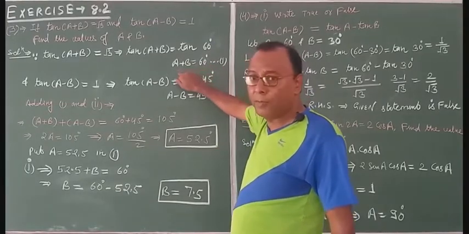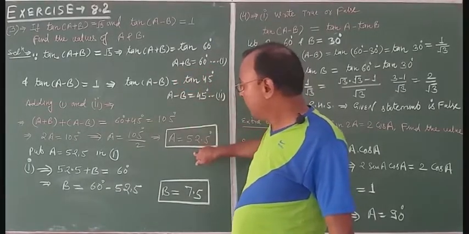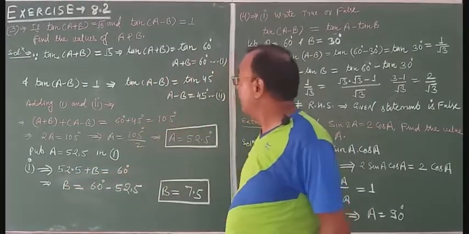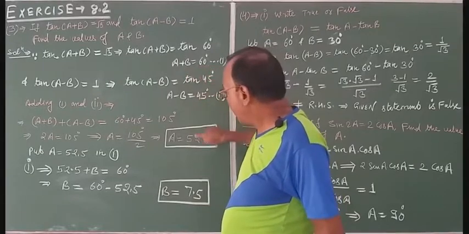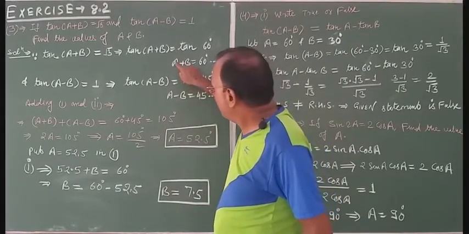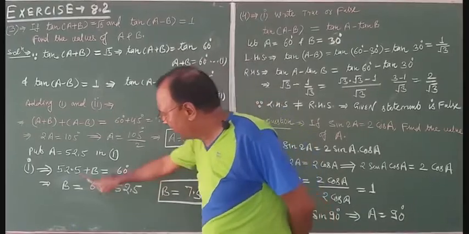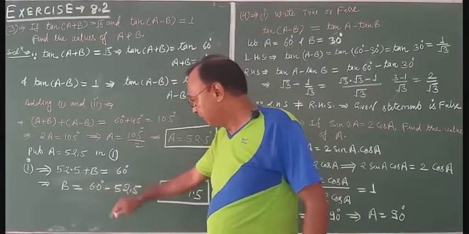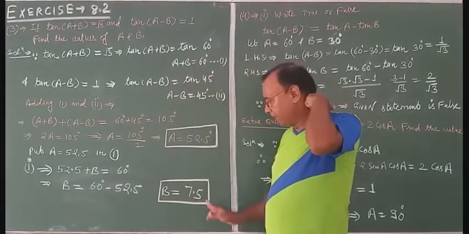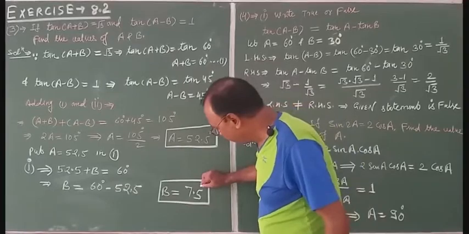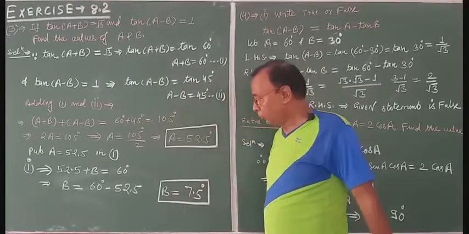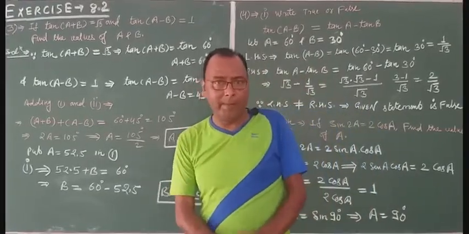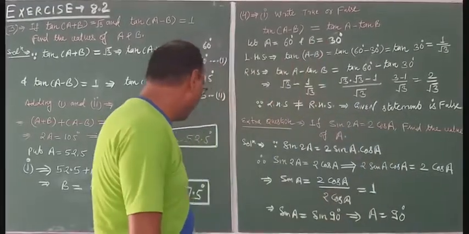In place of A we write 52.5, so the equation becomes 52.5 plus B is equal to 60. So B will be 60 minus 52.5, that is 7.5 degree. So these are the values of A and B: the value of A is 52.5 degree and the value of B is 7.5 degree.